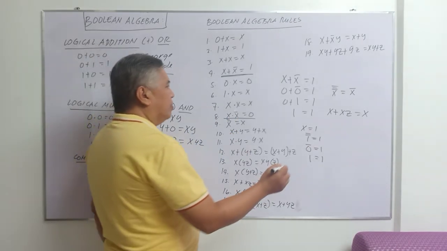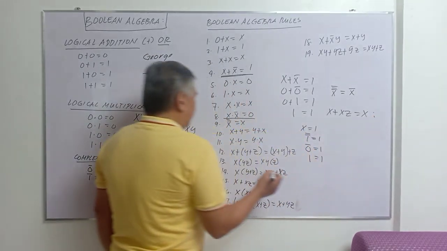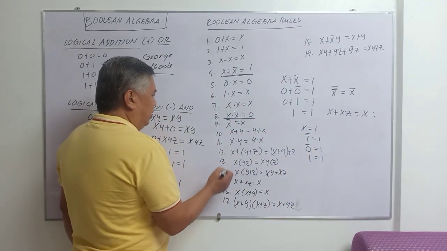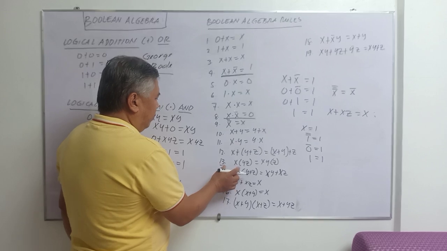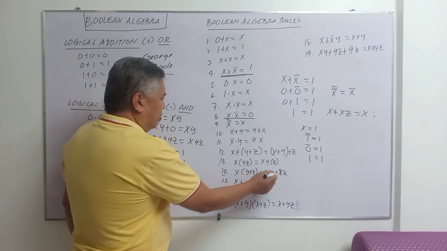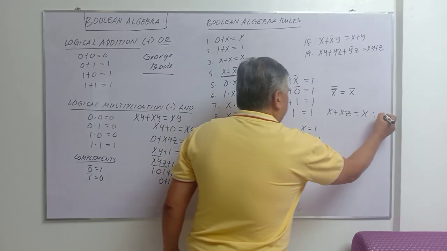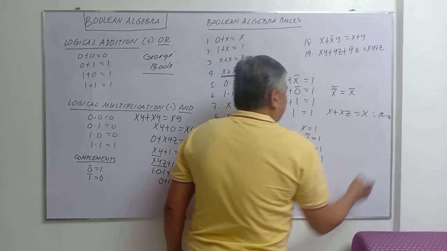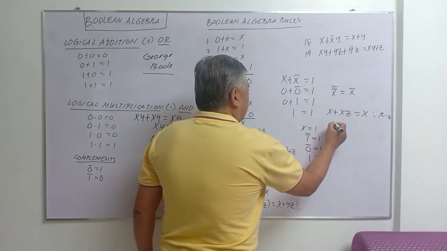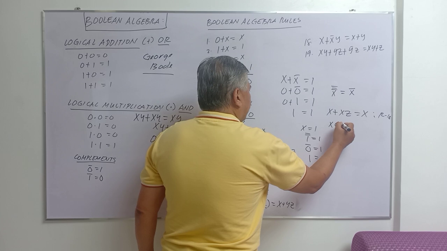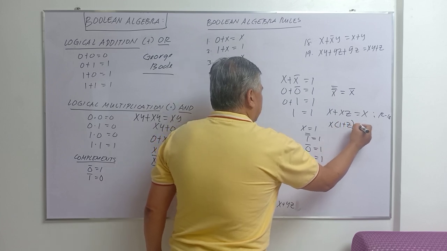So if we use rule number 14, you factor out the common value. The common here is x. So what is left is 1 plus z, and that is equal to x.